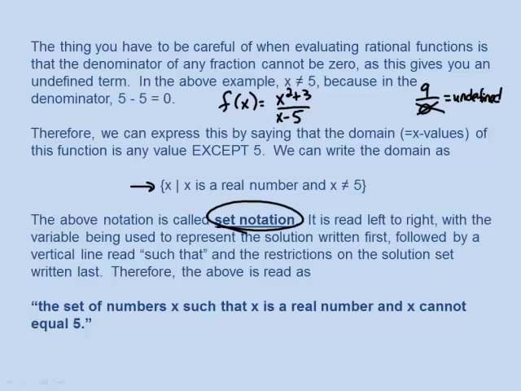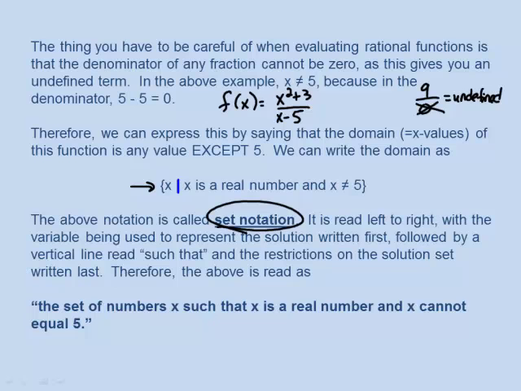Okay? It is read from left to right with the variable being used to represent the solution written first, followed by a vertical line, which is right here, a vertical line that is read such that, and the restrictions on the solution set written last.